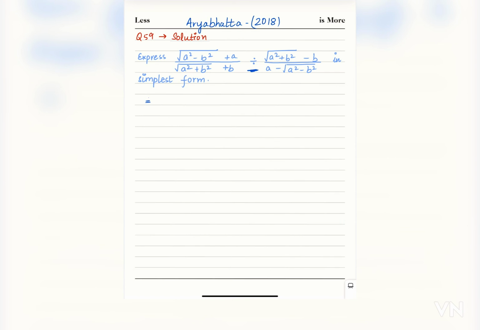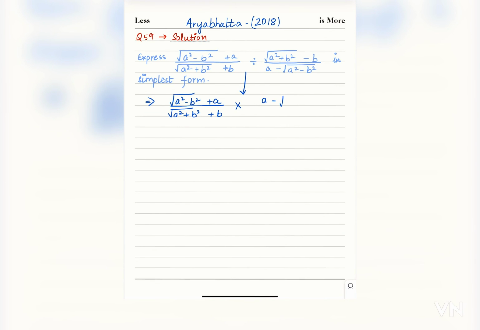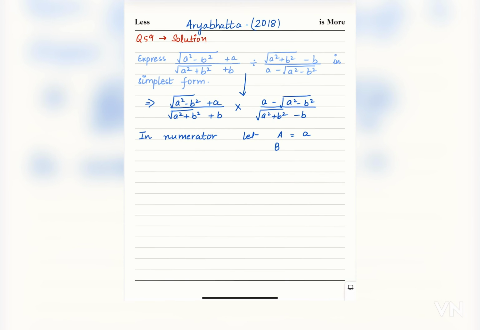And now the next question requires rationalizing of the numerator and denominator. So as we change this divide sign into multiply, this right hand side term will be the reciprocal of it.